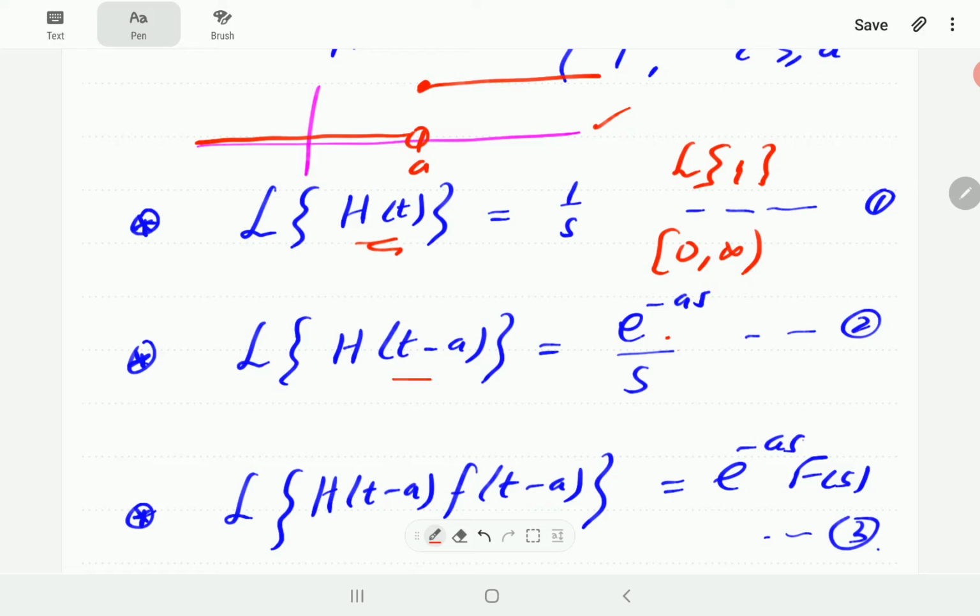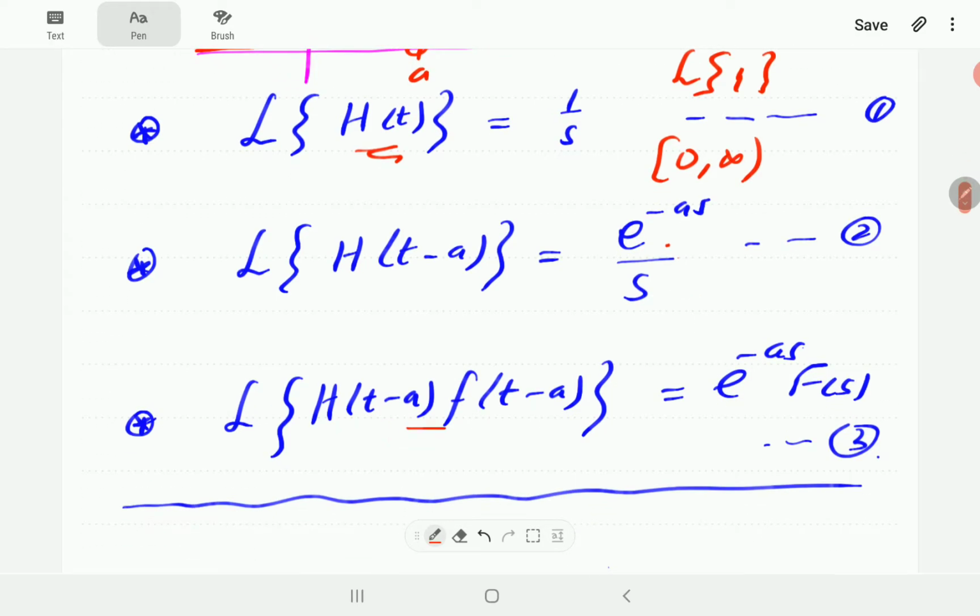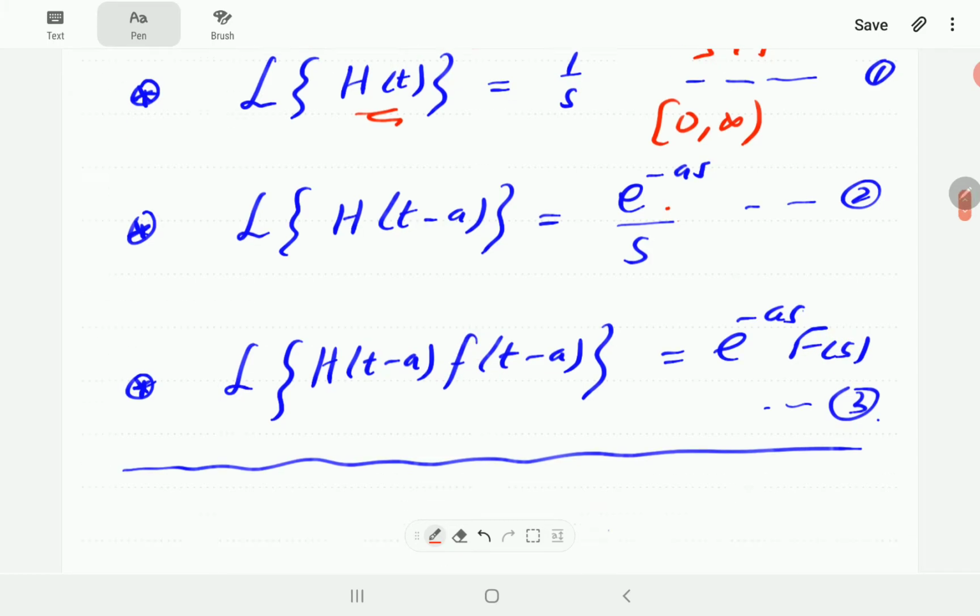Okay, then the second formula says that the Laplace transform of h of t minus a is given by e to the minus as over s. And then the last one, h of t minus a times f of t minus a, is given by e to the minus as times F of s, where F of s is just the Laplace transform of f here.